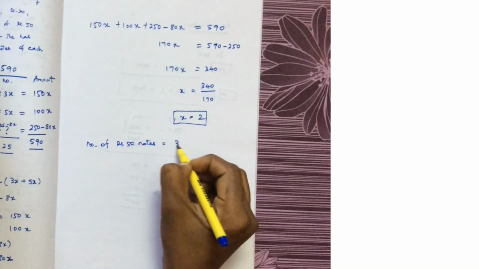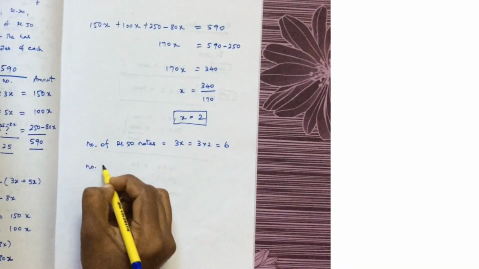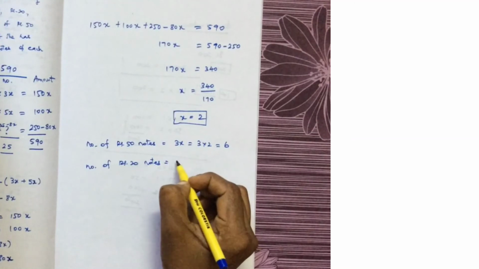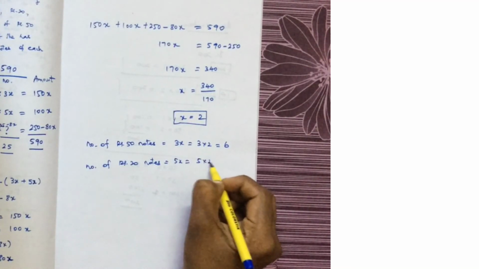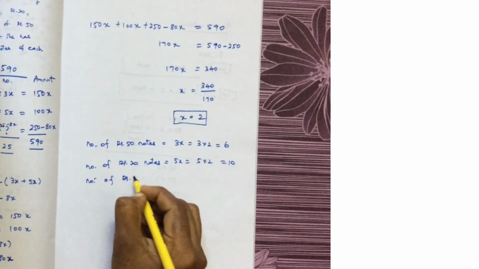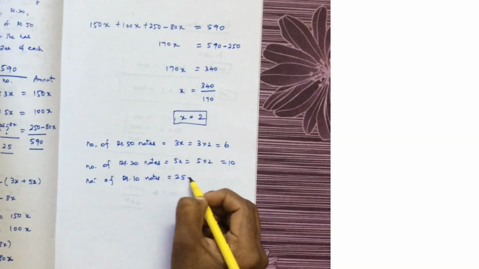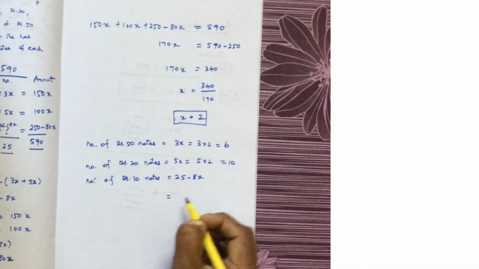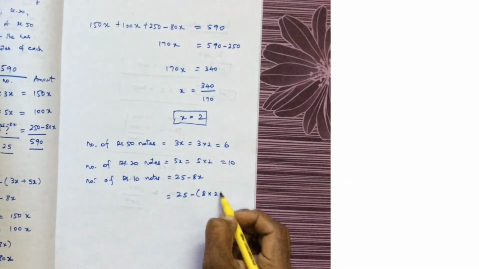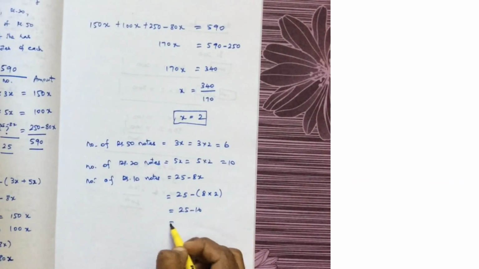That is equal to 3x, so 3 multiplied by 2 is 6. The number of rupees 20 notes is 5x, 5 multiplied by 2 is 10. The number of rupees 10 notes is 25 minus 8x, that is 25 minus 8 multiplied by 2, that is 25 minus 16, that is equal to 9.